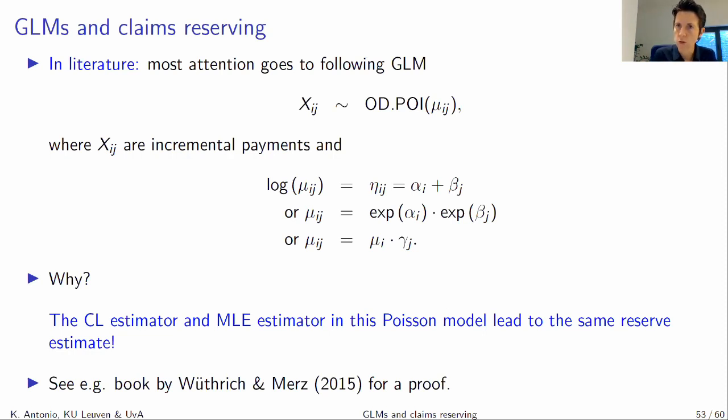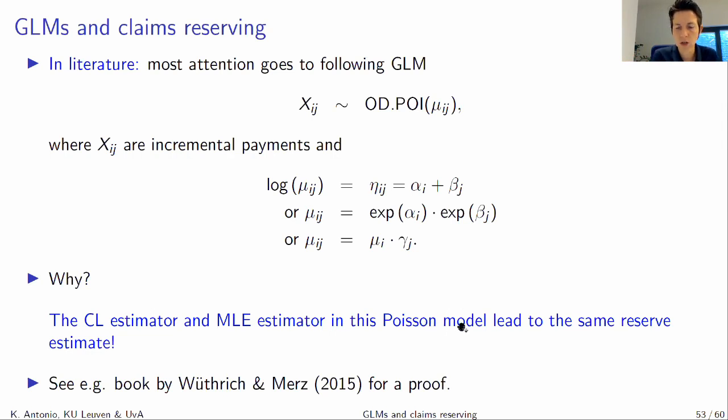So now you can use the ideas from maximum likelihood estimation as we know them, and also have available in many software packages to assess uncertainties. And one of the ways we can do that is by setting up this bootstrap exercise, relying on this GLM framework, on this distributional assumption, to come up with a predictive distribution of our reserve.